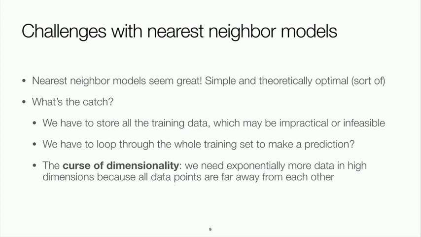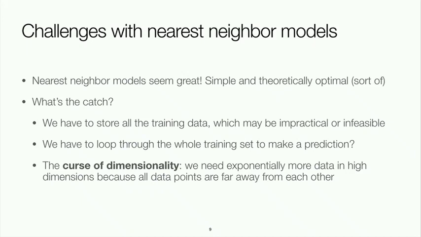So I'm not going to explain this mathematically. All I'm going to say to you is that whatever intuition that you have about high dimensional spaces and how you might visualize them, they're all wrong, okay?